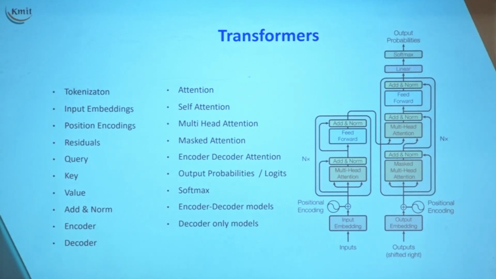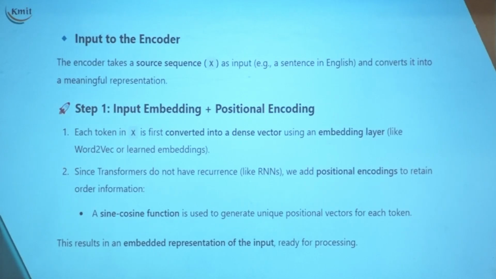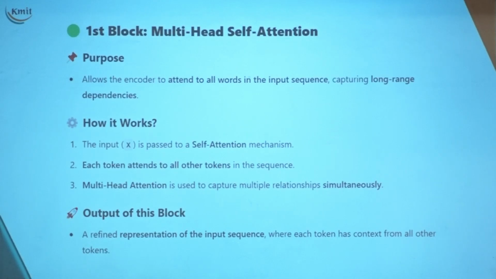So I say, what is the output of MHA? The output of MHA is what? A refined representation of the input sentence. What do you mean by refined representation? Refined, filtering. Refined oil, what do you mean by that? Filtered one, yes or no?